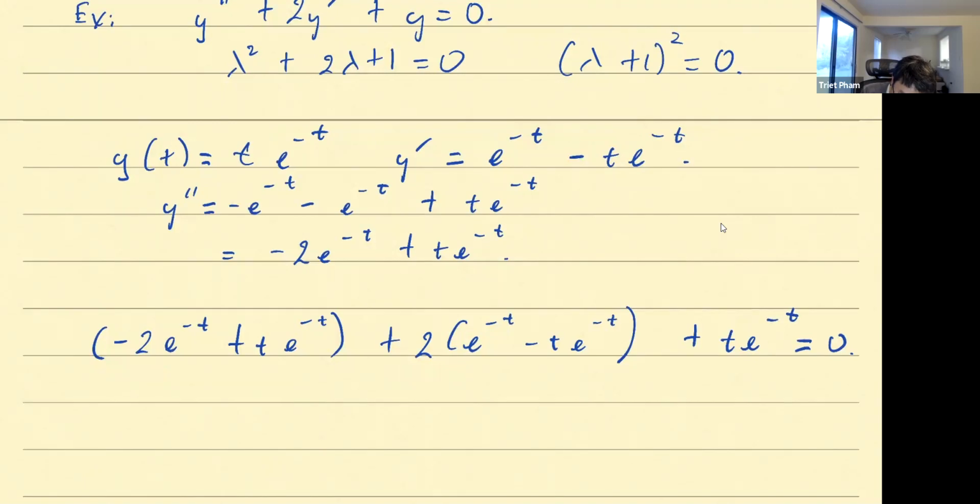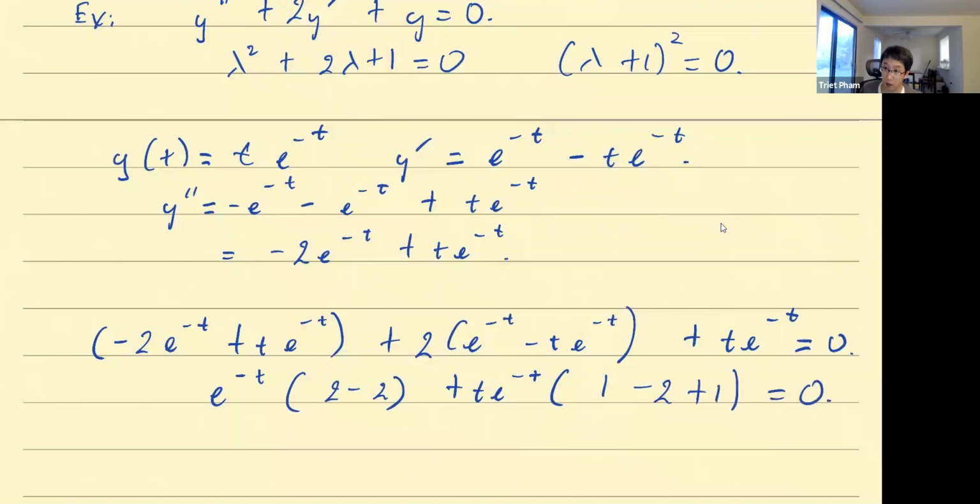So this is e to the minus t times 2 minus 2. What about the t e to the minus t terms? The t e to the minus t term is 1 minus 2 plus 1, which is equal to 0.